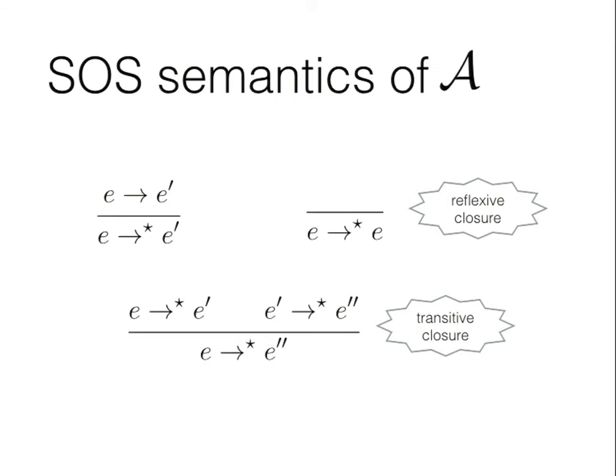This is also just the reflexive closure. And if you can get from something to something else, and from that something else to yet another something else, then you can get from the starting thing to the ending thing, which is just the transitive closure.